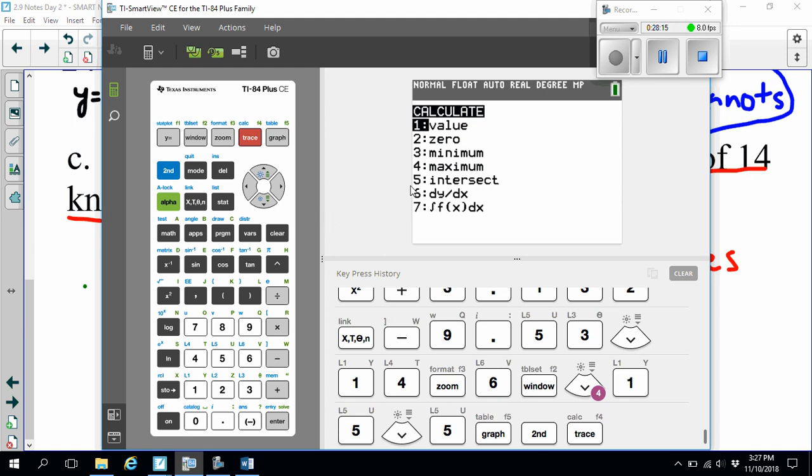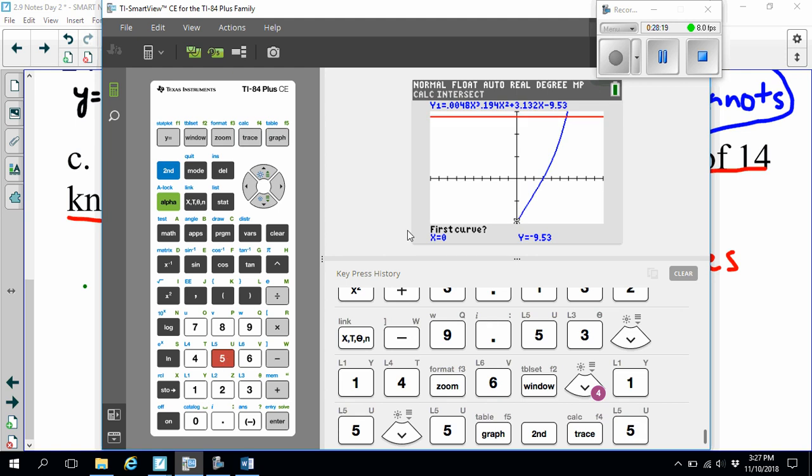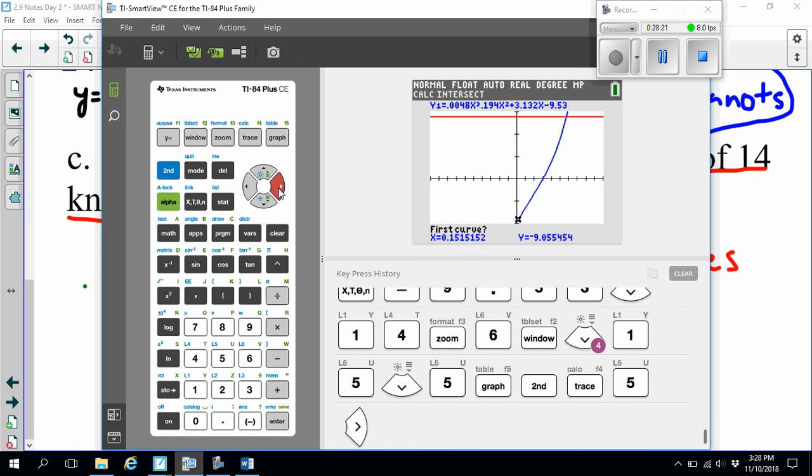But if you're doing what I'm doing, we're going to find the intersection, so we're going to do number 5. To figure this out, I always say bring your cursor as close as possible to the intersection point, which might help a little bit. So we press enter, enter again, and then remember, press enter one more time.